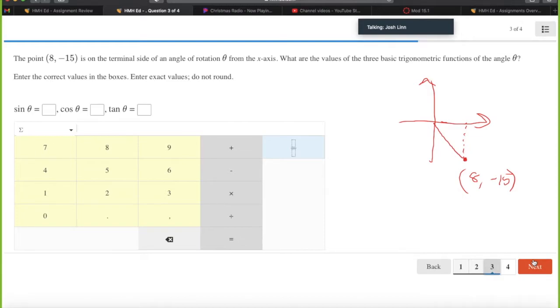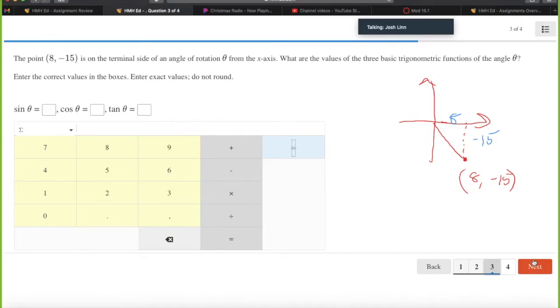What are the values of the sine? So what do we know? We know our x value is 8. We know our y value is negative 15. And we could figure out the hypotenuse, which we're probably going to need.